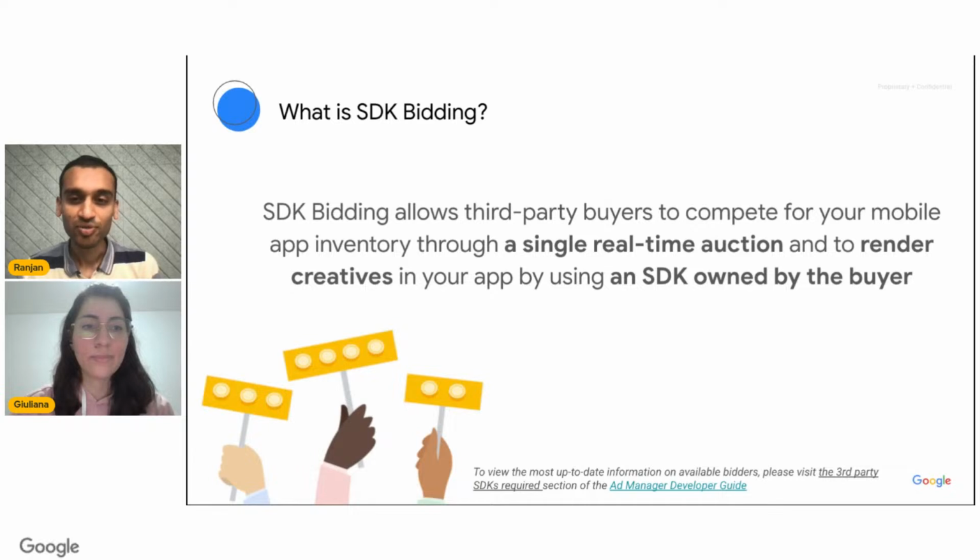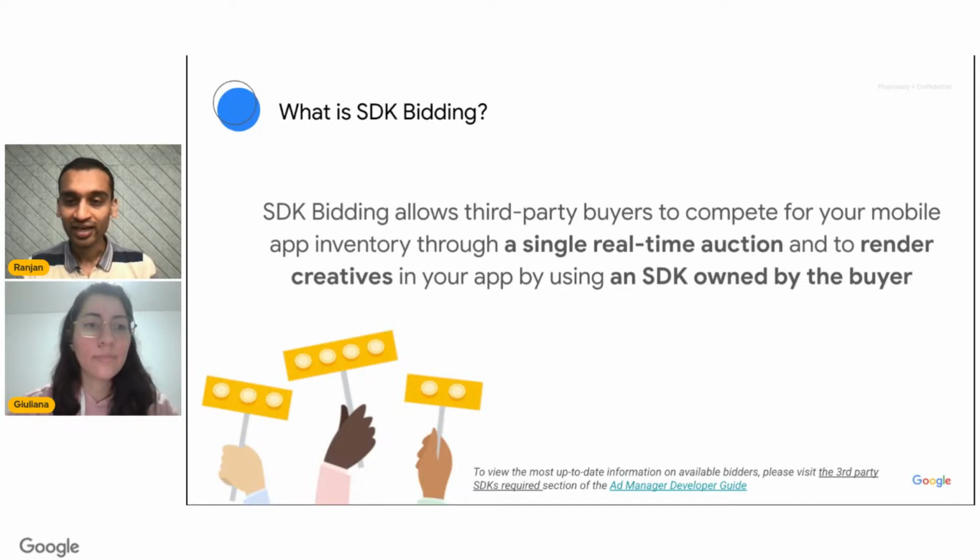Just for some context, previously we have had different programs for different bidding demands using third-party SDKs. That is open bidding with and without online or authorized buyers and so on. This made the buyer onboarding experience cumbersome for publishers.